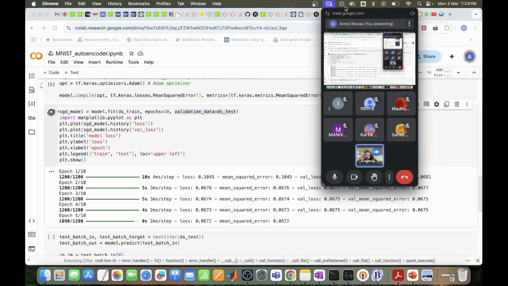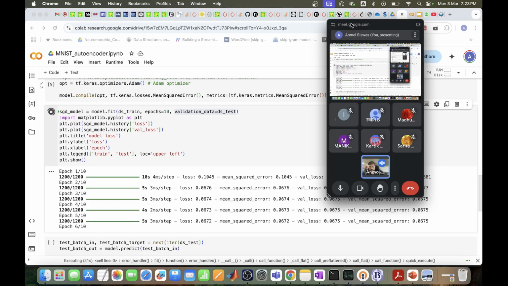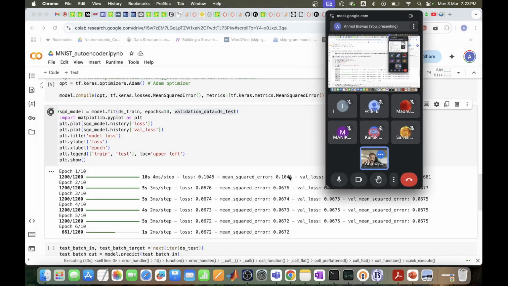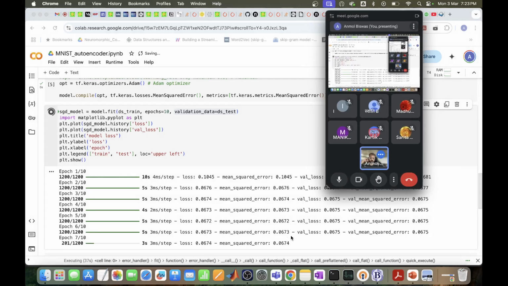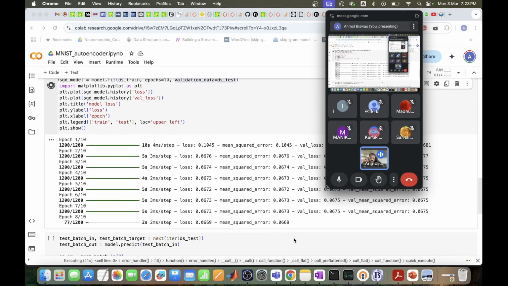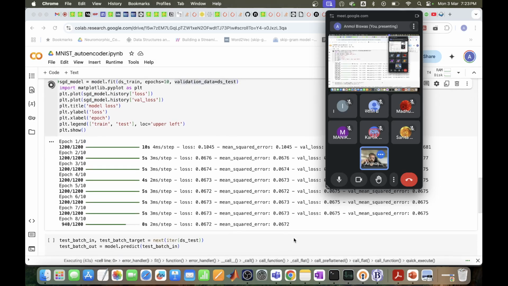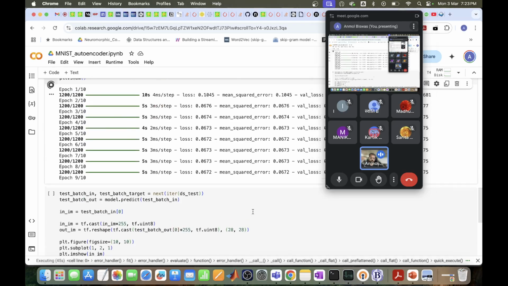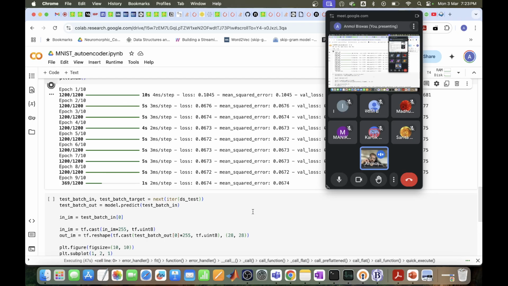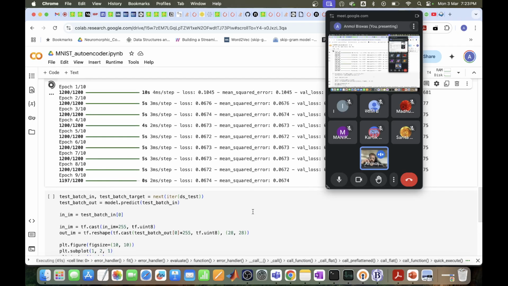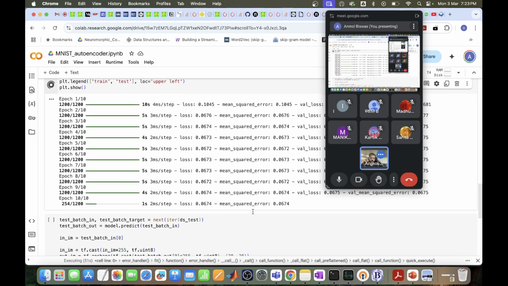And you can see the mean squared error doesn't seem to be going down, right? It's kind of stuck at this 0.067 value. We'll do a couple of repetitions of this and figure out what is happening.